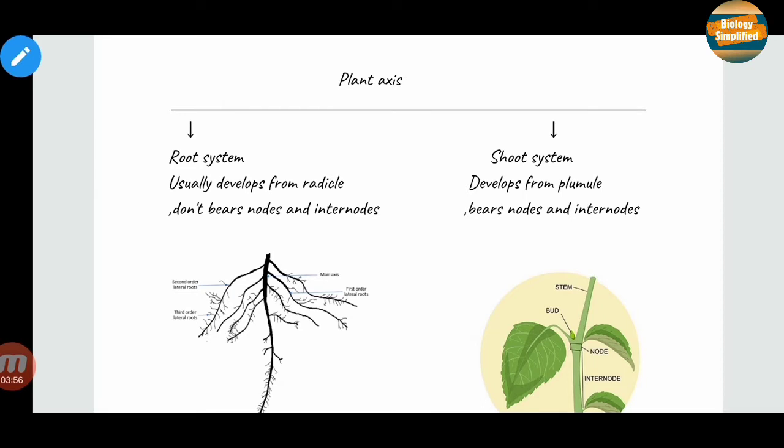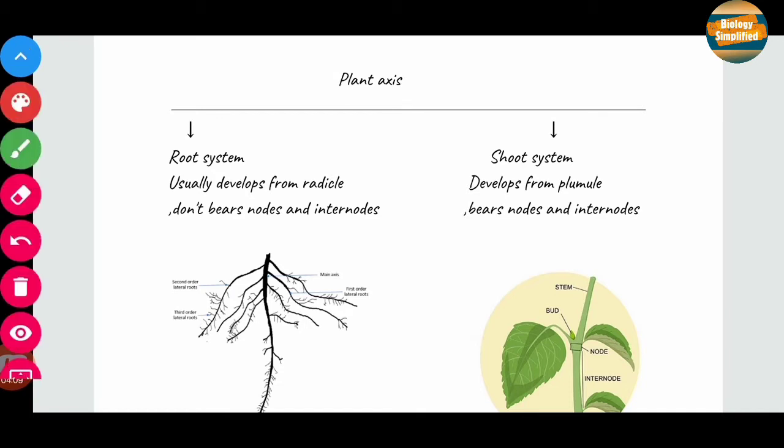Now what do I mean by geotropic? Geotropic means towards gravity, so if a part is negatively geotropic, it is against gravity. The shoot system grows upwards, so it is negatively geotropic.